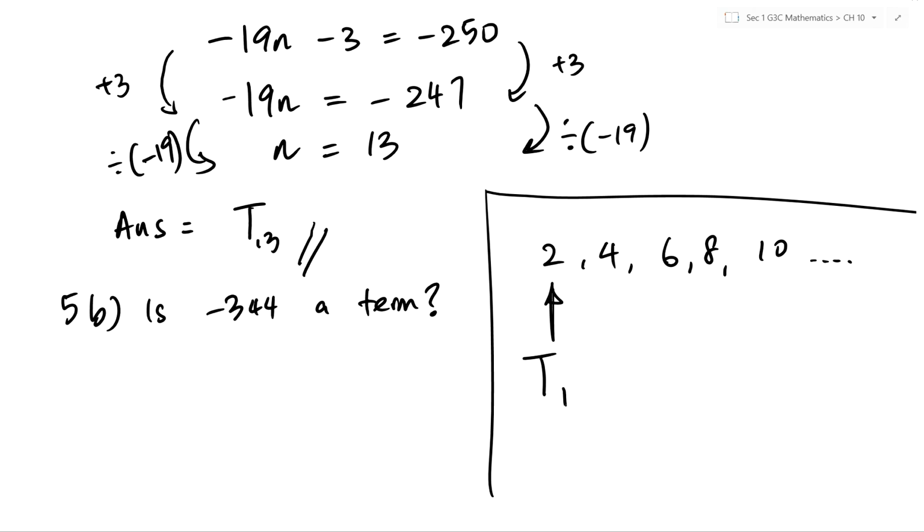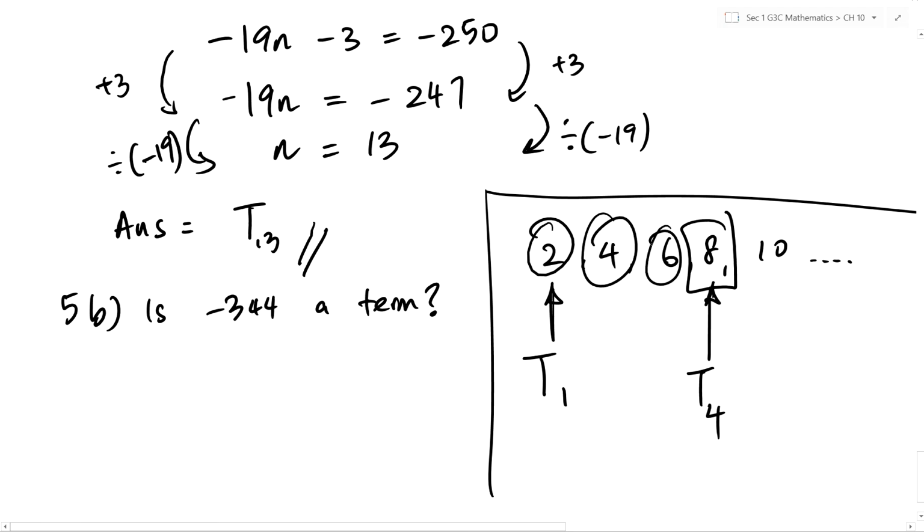Huh? Term number 4. Yeah, this is term number 4. So now you know what a term is. No, the term refers to this value. Term number 1 is 2, term number 2 is 4, term number 3 is 6, term number 4 is 8, term number 5 is 10. So is negative 344 a term in the sequence?